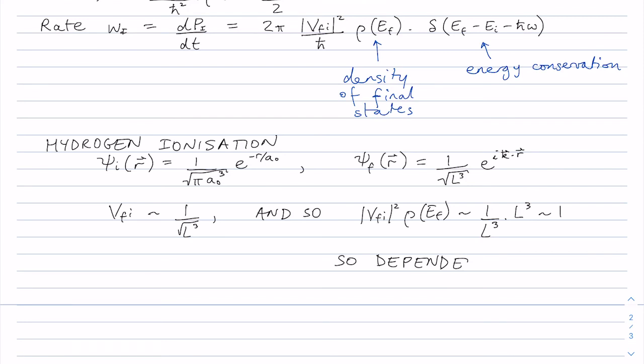And that's also quite typical. It should happen. In other words, it shouldn't matter whether I'm doing this experiment in a lab or in open space, I should get the same answer. And so that depends on L cubed, which is coming from V_fi, but also coming from the density of states. They'll exactly cancel each other out.